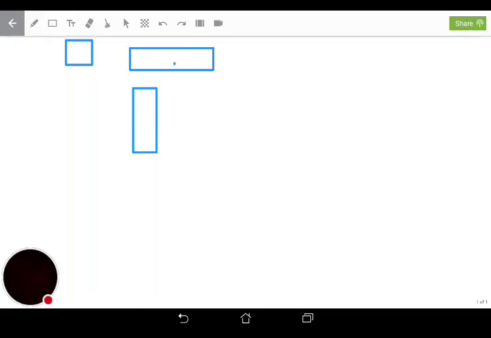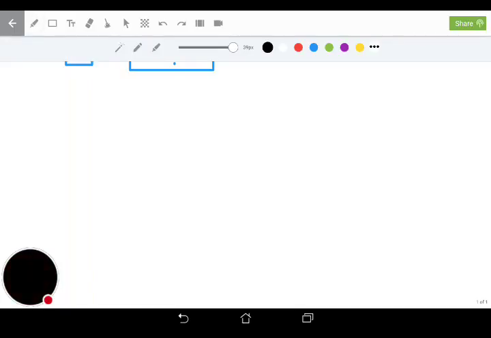I don't think it's going to let me spin it round for some reason. Okay, I'll get rid of that. So, the rectangle and the square are the two that are the most similar, because they have very similar properties.